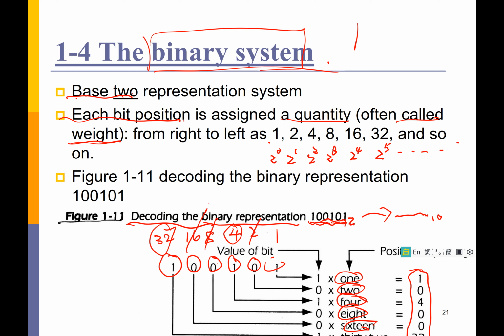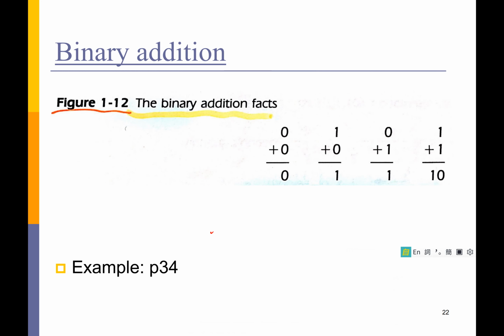And this 1 here is 1. So how many? 37. In base 10 you can pronounce it 37, because it's a base 10 system. So this binary bit sequence represents the base 10 value of 37.